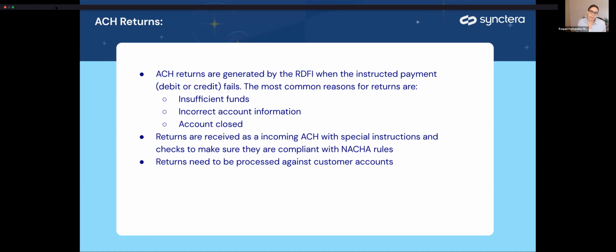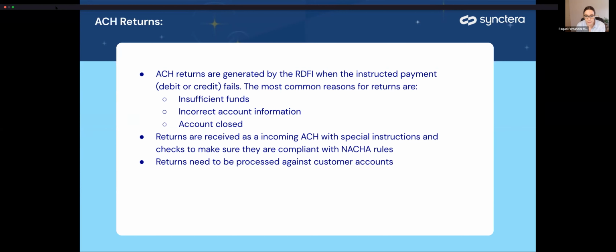The most common one is insufficient funds. We know that this process is in batch, right? So by the time it gets to Great Bank, you may have insufficient funds, or maybe the account was closed in between. At that point, we are going to have to process ACH returns.